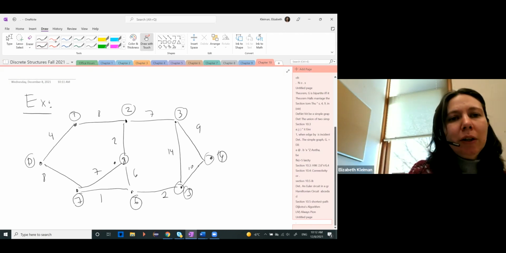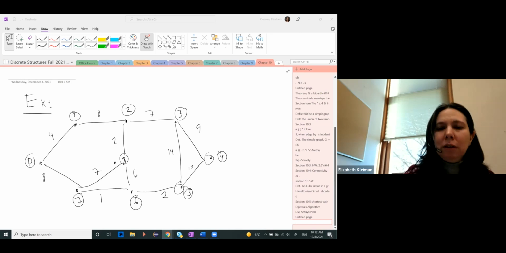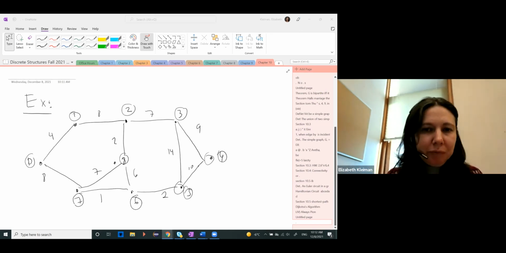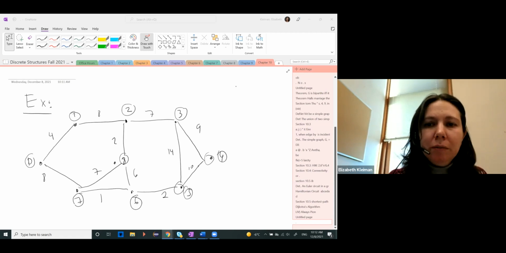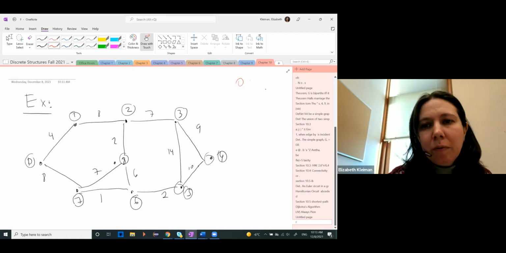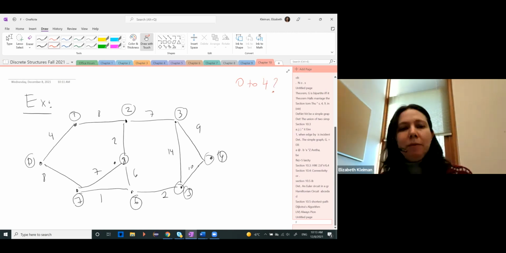And I'm going to use my length. So you can pick any 2 nodes you want, but let's travel from, I don't know, 0 to 4. This is the shortest path I want.